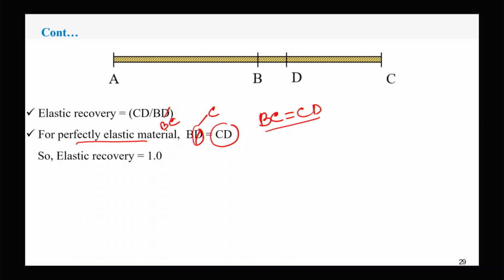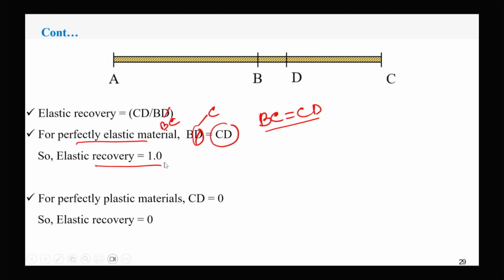So it is coming back perfectly. So elastic recovery is 1, and for a perfectly plastic material, there is no recovery. So C and D will coincide. So CD will be 0.